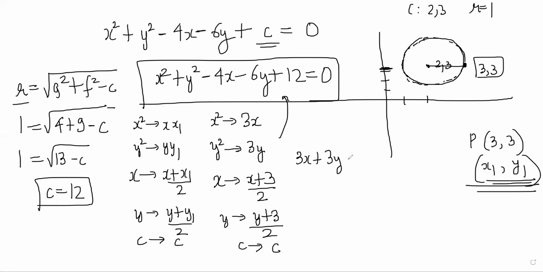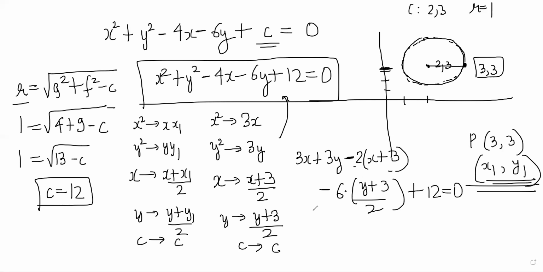So if I do this replacement in this equation, let's see what comes. 3x plus 3y minus 4 times x plus 3 by 2, so 2 times x plus 3, minus 6 times y plus 3 by 2. Here I have cancelled the 4 by 2, plus 12 is equal to 0.